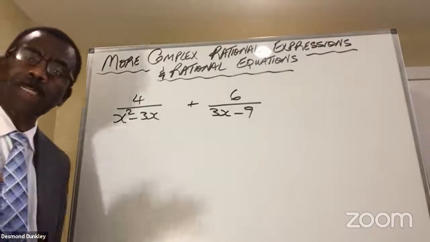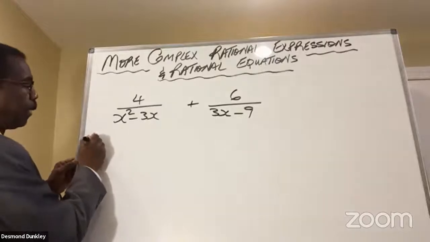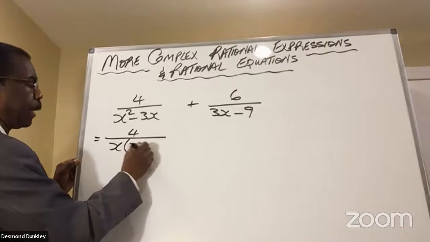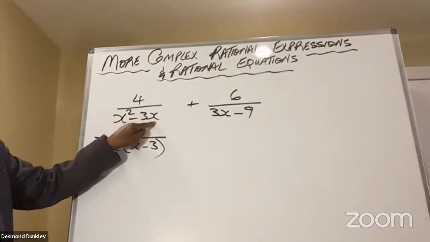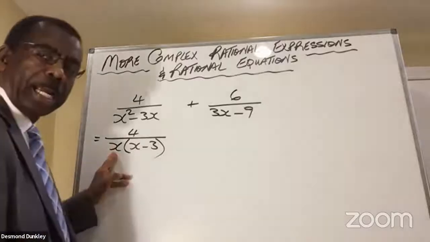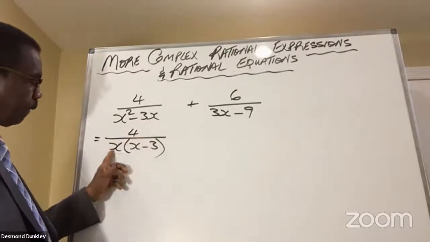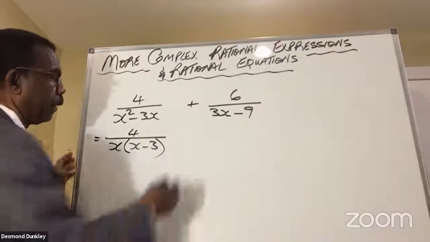Again, we factorize first and then we get our common denominator. So we end up with 4 over x times x minus 3. That's the best you can do. X is common to both terms, so we factor out our x, then you're left with x here and you're left with negative 3. If you multiply these out, if you distribute, you will end up back here.